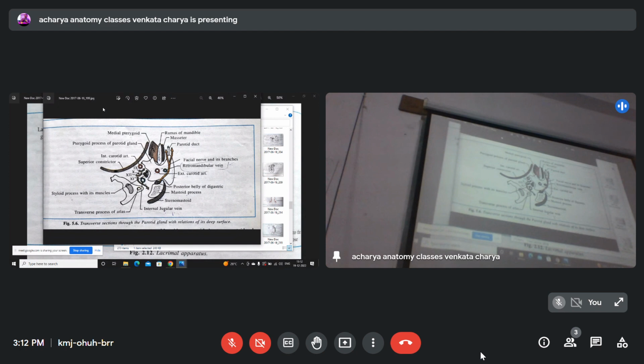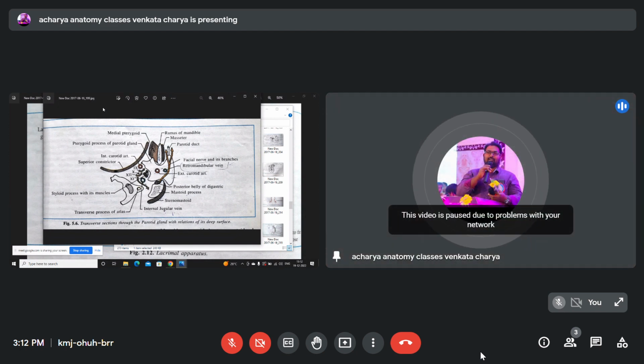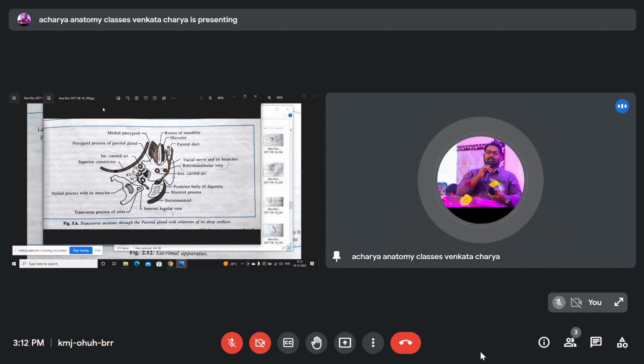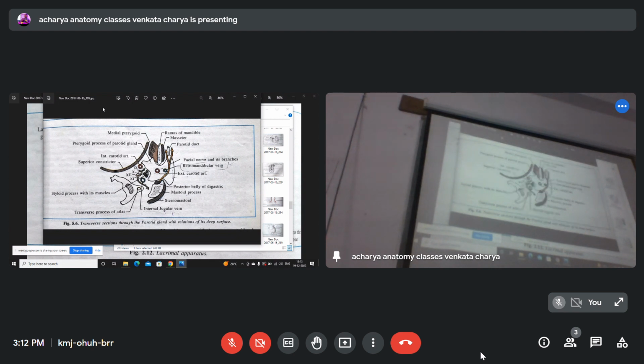Next, medial pterygoid muscle. Next, superior constrictor muscle. Are you getting?